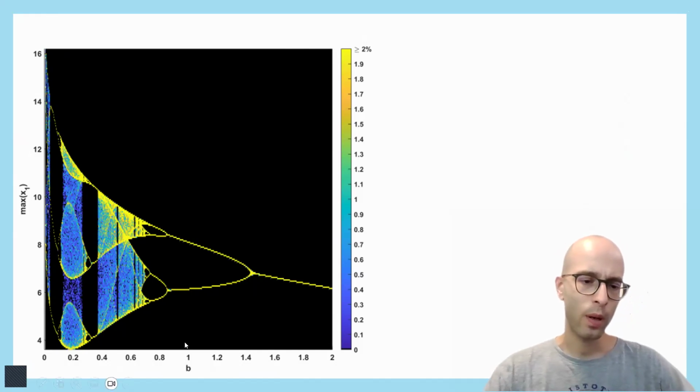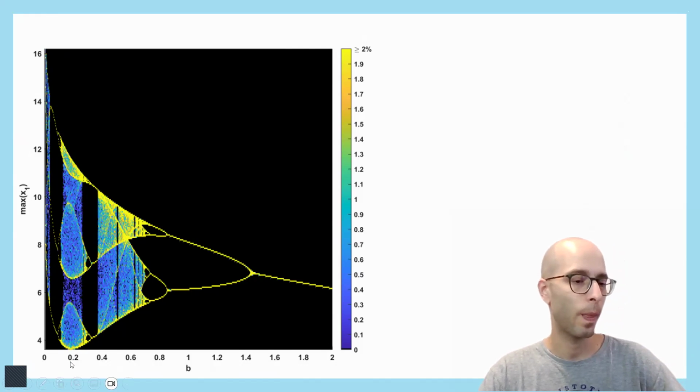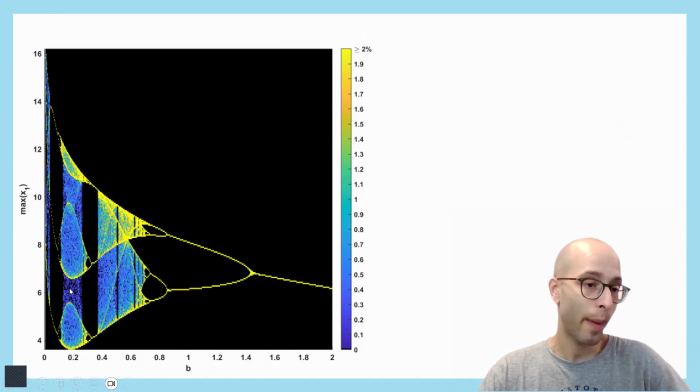So for example, for beta equals 0.2, see this vertical line right here, you see that we have some specific lines that indicate that on this lower part of the graph, I have a higher density of local maxima. Then on this part of the graph, I have a higher density of local maxima if you follow my mouse. In this region in between, we almost have no local maxima.